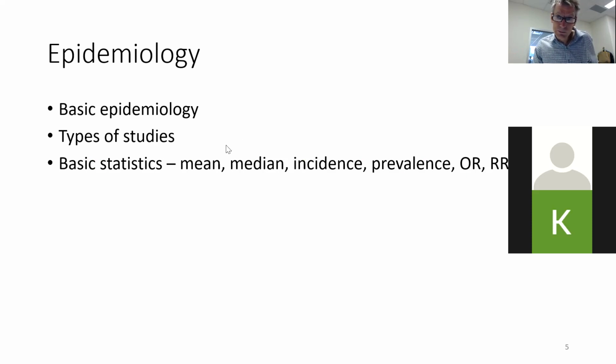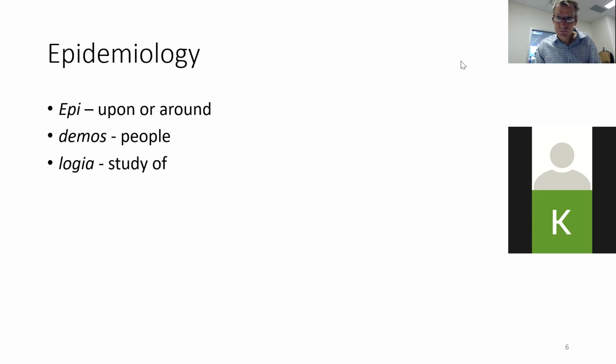I'll talk a bit about types of studies, but I want you to have a good understanding of what the basic descriptive statistics are. So means and medians, incidence and prevalence, not so much odds ratios or relative risk. They're a bit more analytical. But for most of the studies we're doing, they're means and medians, proportions, rates and ratios, incidence and prevalence.